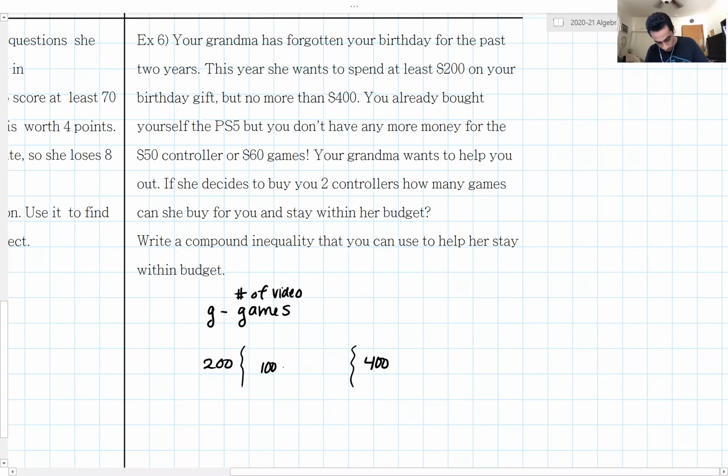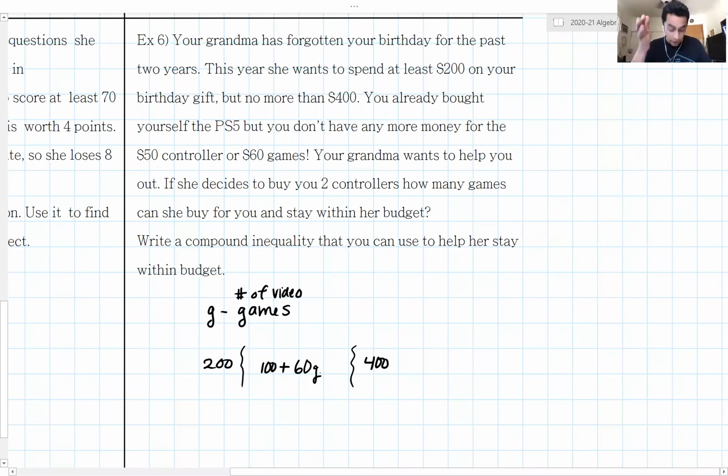So to that, we can add what? How much more money is she anticipating she'll spend? Yeah, it's the games. But how much money does each game cost? It's 60. So if we're trying to find out how much she will spend, it's 60G.